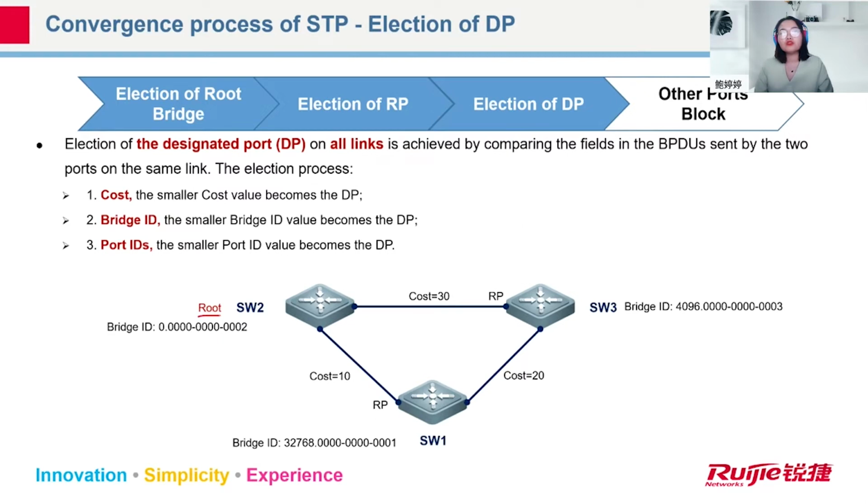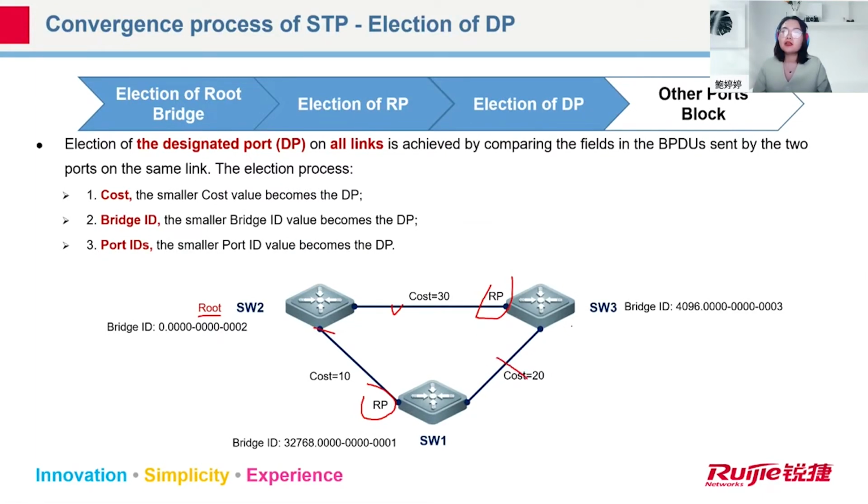Now we know switch 2 is the root, and switches 3 and 1 already have their RP, right? So on this link, one interface is already the RP, so the other interface becomes the DP. The same principle applies to this one.